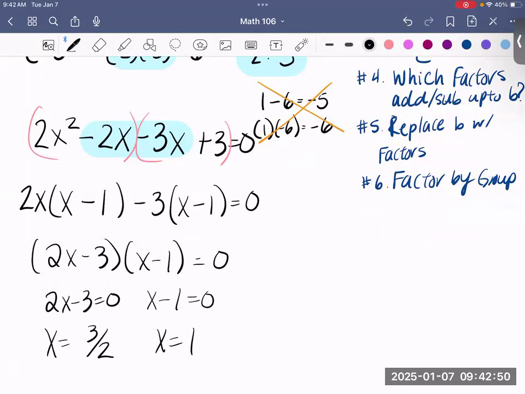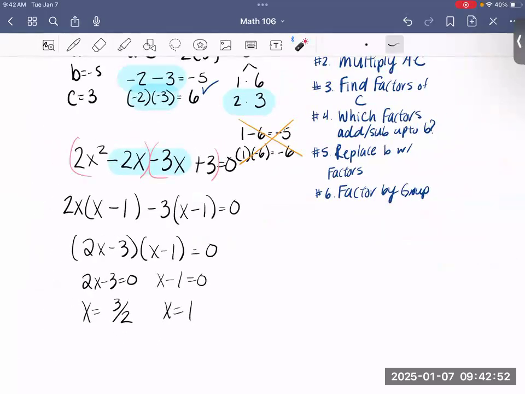How did we do? Again, factor by grouping. I have lots of videos on factor by grouping, so if you're not quite getting it, definitely go check some of those out. Keep in mind you're grouping the first two and pulling out a GCF. So make sure you look at your GCF if that's what you're struggling with.